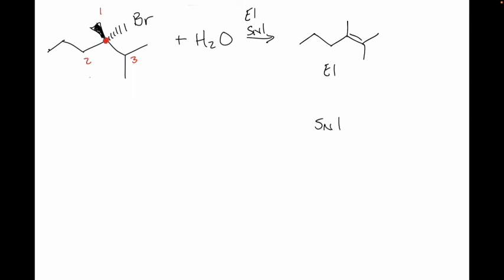For my Sn1, again, I'm going to have to draw both. So I'll do the one first where it's just still on that dash bond. And in this case, what am I adding on there? Just OH.